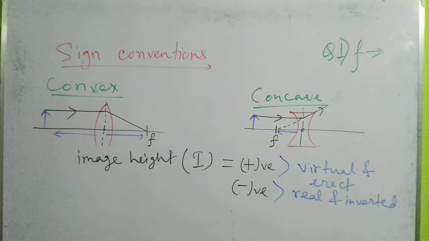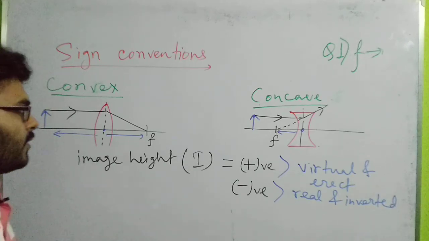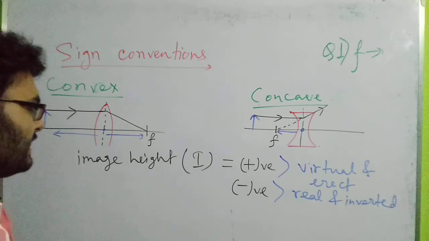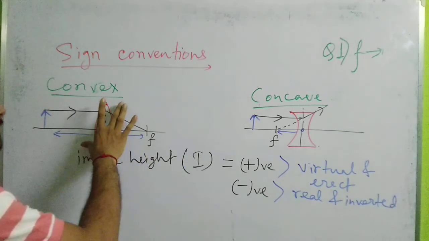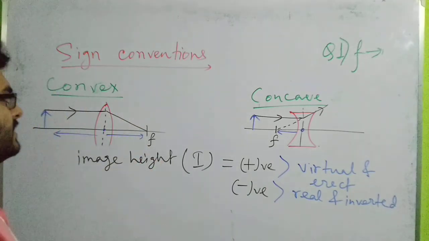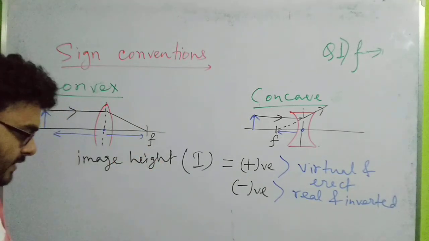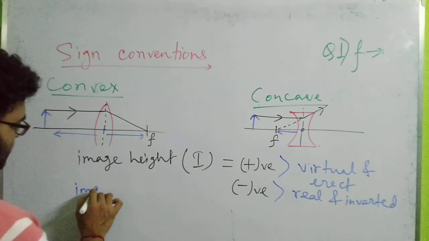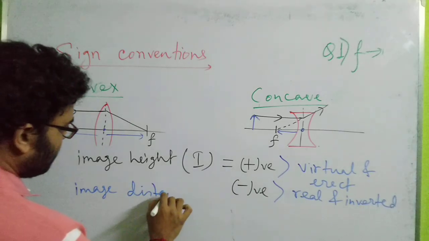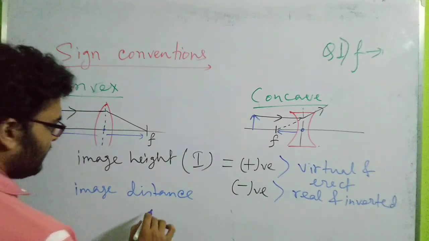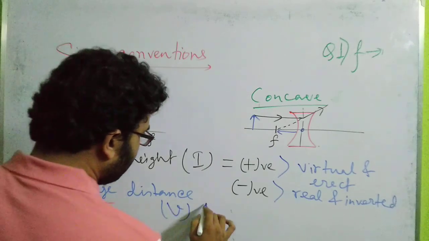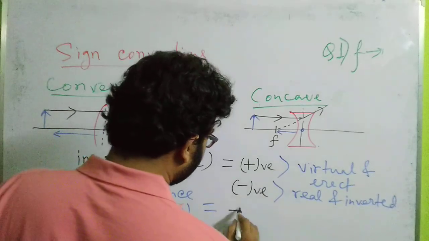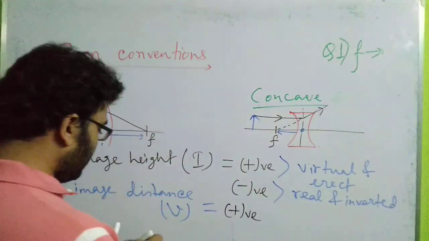Now likewise, real images are always found on the right side of the lens, and real images are always formed by a convex lens. Remember this one thing. Real images are always formed by a convex lens. So image distance, denoted by the letter V, will be positive for which image?